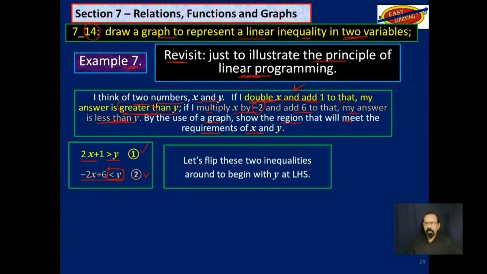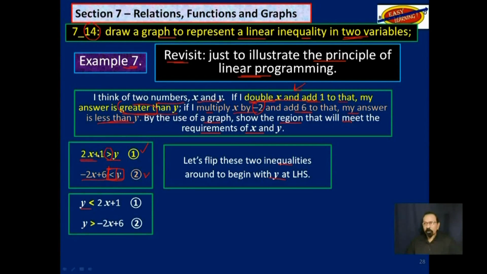So we get those two inequalities. Let's flip the two inequalities around to begin with y. If we do that, then this greater than sign will become less than, and this less than sign will become greater than. So we get y is less than 2x plus 1.